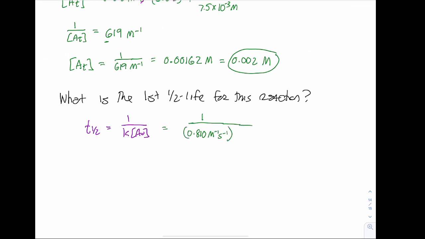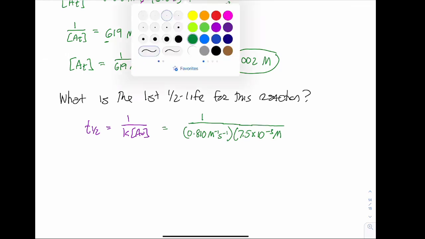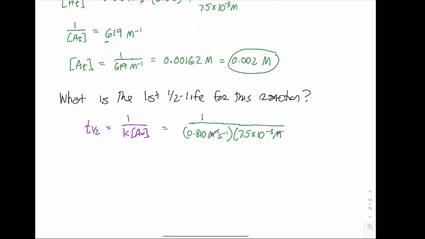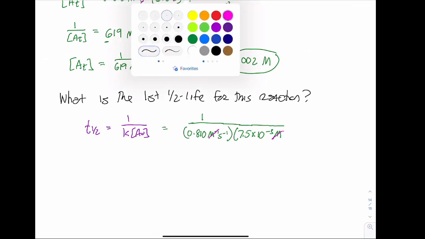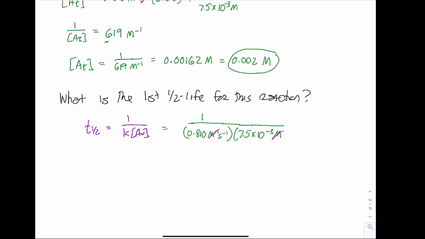Didn't really leave myself enough room here. And my initial concentration is 7.5 times 10 to the -3rd molar. Units, these are going to cancel. And then 1 over seconds to the -1 is just going to be seconds for my units.